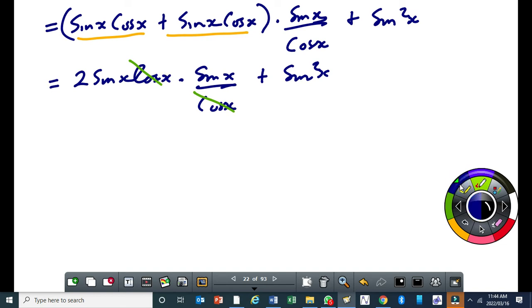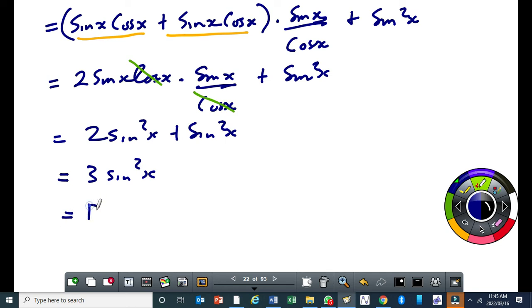Then you can start smiling. So this becomes 2 sine squared x plus sine squared x. So that's 2 plus 1 gives you 3 sine squared x, which is equal to the right hand side. So that's how you could have done the question.